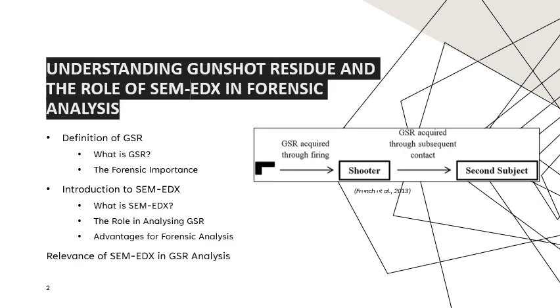Relevance of SEM EDX in GSR analysis. This comes from James French and his associates from 2013, where this image is displayed, and they show how, when a gun is fired, gunshot residue will be in the vicinity.